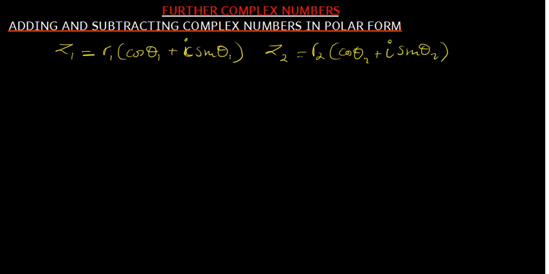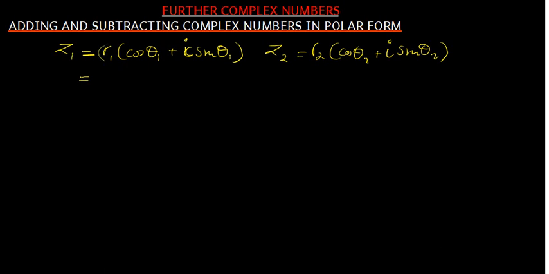So addition and subtraction of complex numbers is really the same. All we are going to do is expand these two complex numbers and make sure that what is the same, we add them alone or subtract them alone: those which have got cos alone, those which have got sine alone.